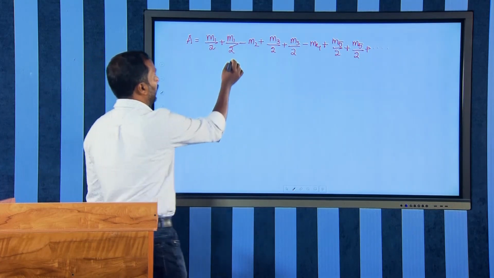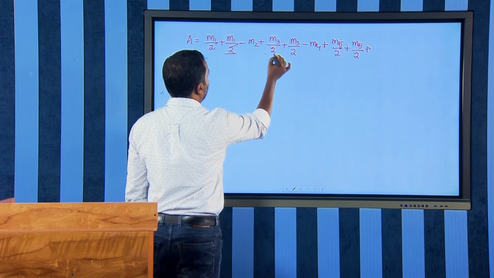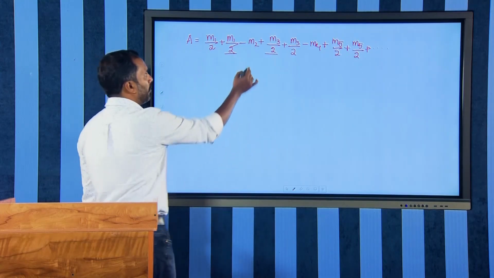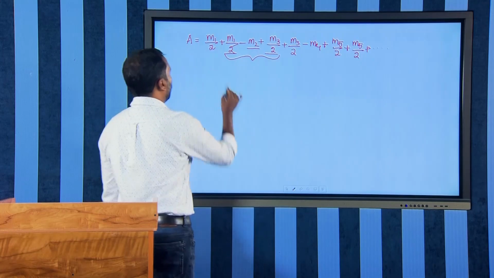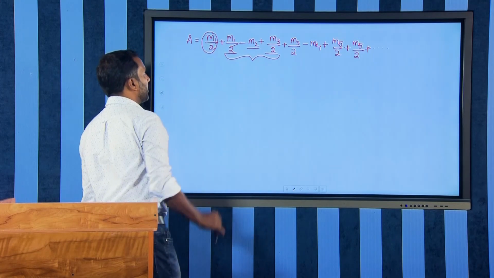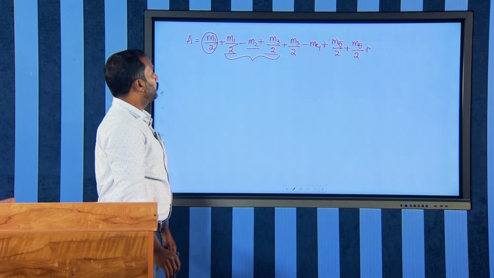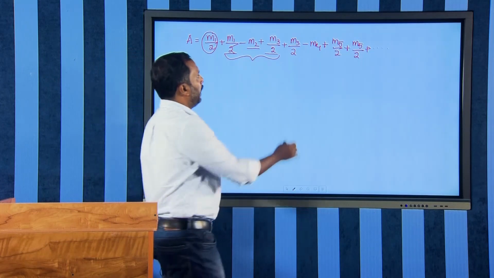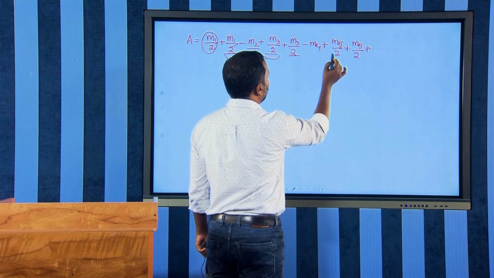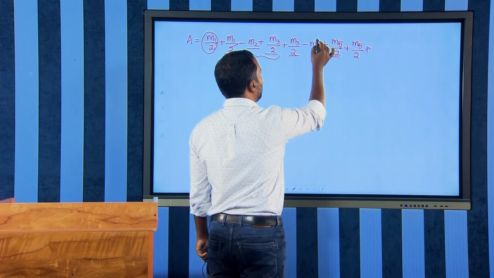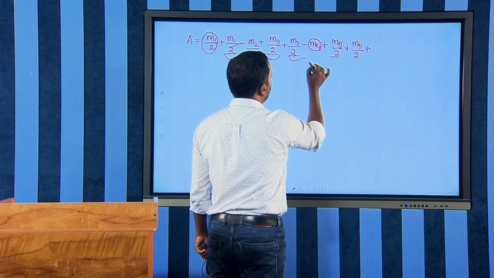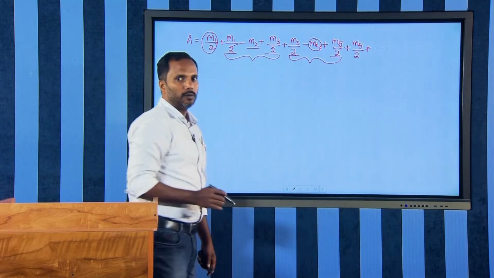Now you know that (M1 plus M3) by 2 will give you M2 itself. So this entire term will get cancelled out, and M1 by 2 will be left over. Again, here M3 by 2 and M5 by 2, that is the average of M1 and M3, is the value of M4, therefore this term also gets cancelled out.